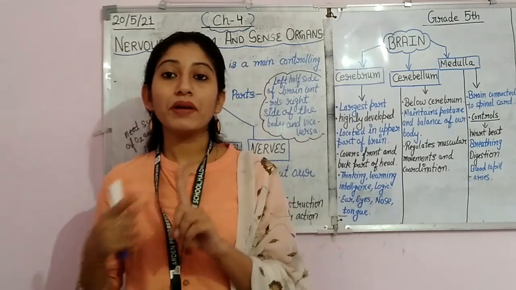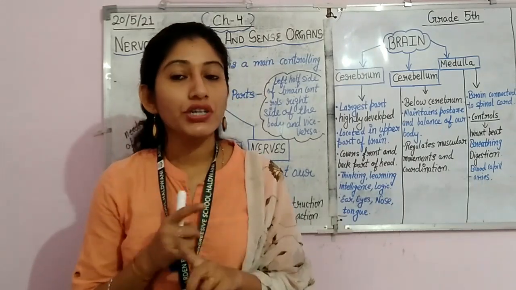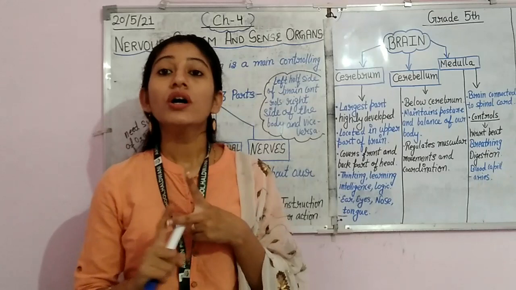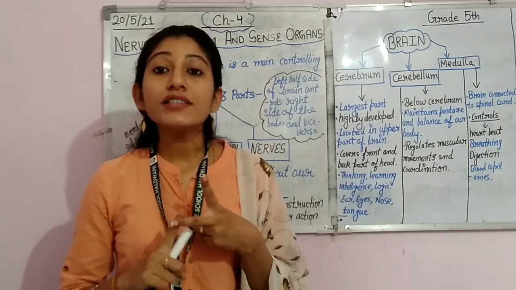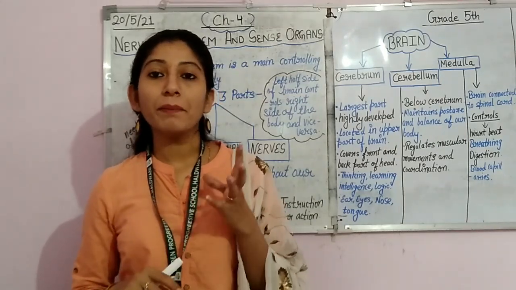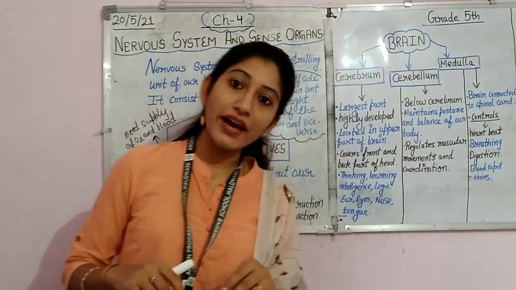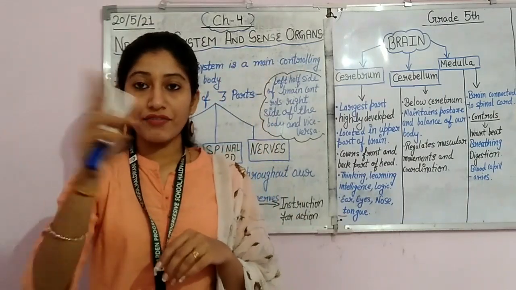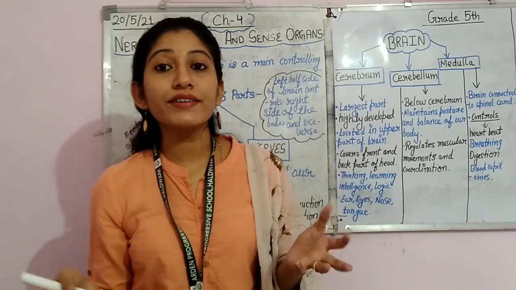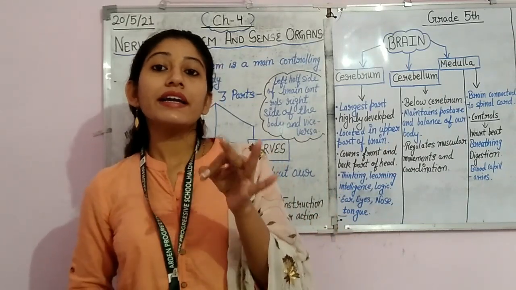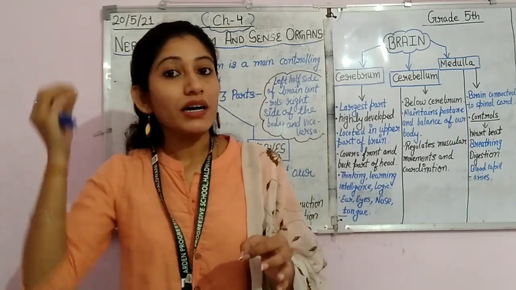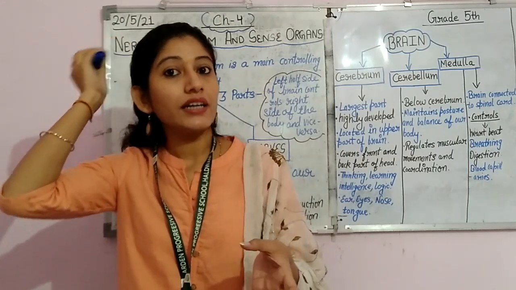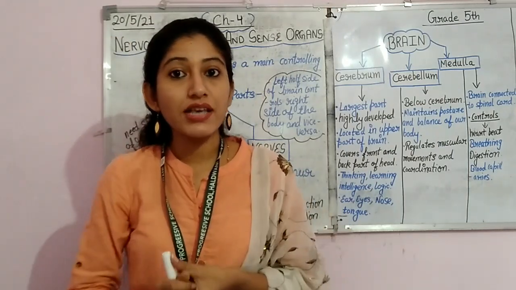So it helps in maintaining the proper posture as well as the balance of our body. You have seen sometimes people are moving like this, sometimes they faint suddenly. Why is it so? Because there is a little problem for a second in the cerebellum. So then such things happen.